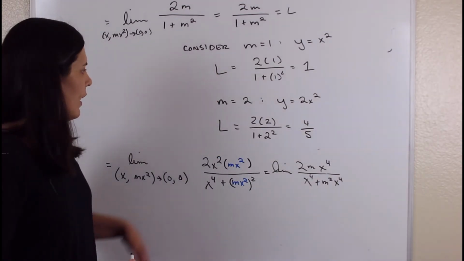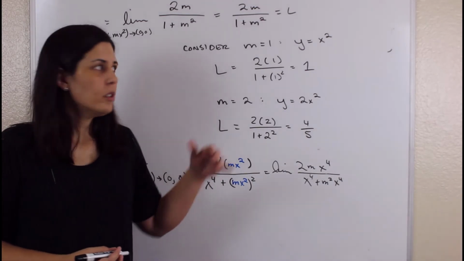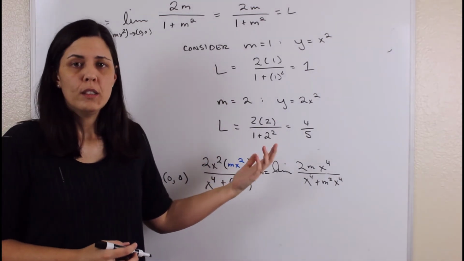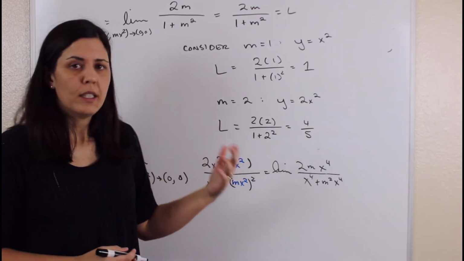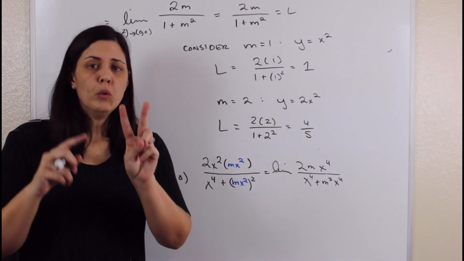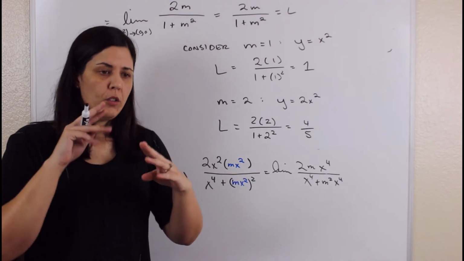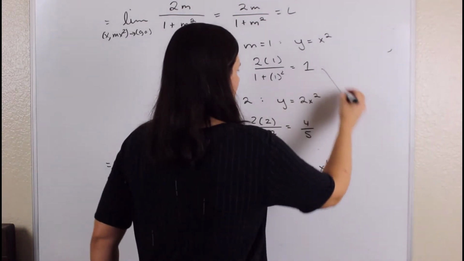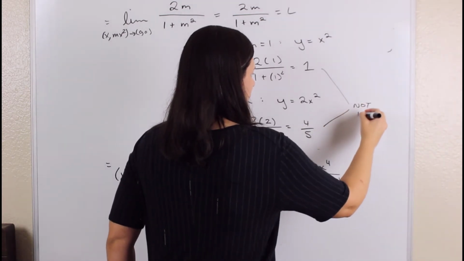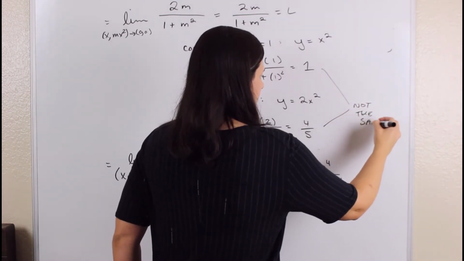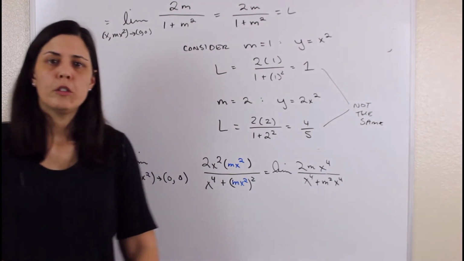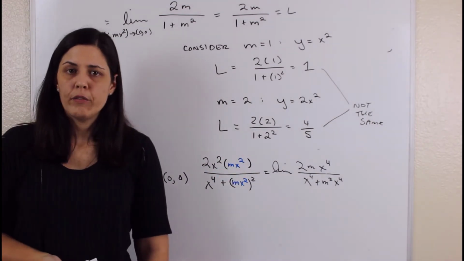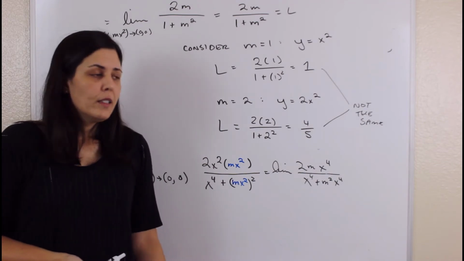And let's say you pick two numbers for m and you got the same value. You might want to just try a third one and see if you get a different value, to see if you can just find two paths where the limits don't equal the same thing, so then this limit doesn't exist. Because these are not the same, this limit doesn't exist. We just took two different paths, tried to approach 0, 0, and got different values, so therefore it doesn't exist.